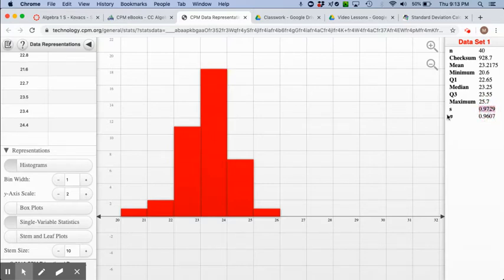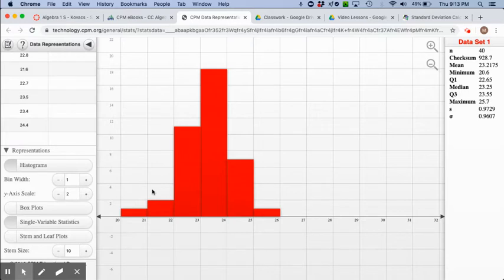So we want to write down 0.9729 for our sample standard deviation and 23.2175 for our mean, using S and X bar, the correct notation.